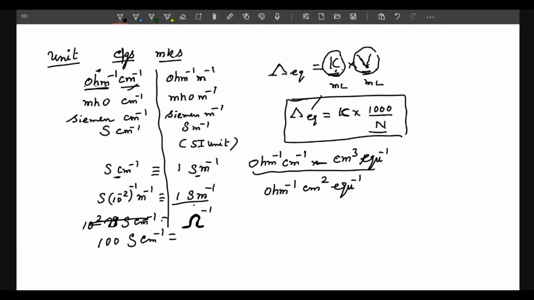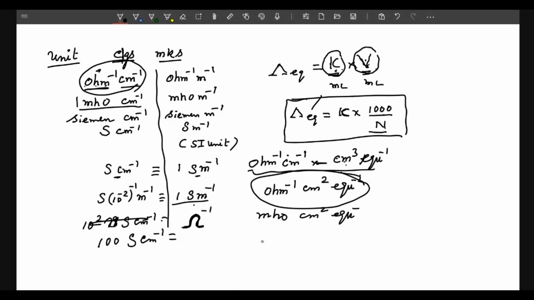Therefore, find the difference between this and this. How is this arrived at? The kappa you know, and V is centimeter cube per equivalent. Multiply, you will get this. Therefore, another unit possible is mho centimeter square per equivalent.